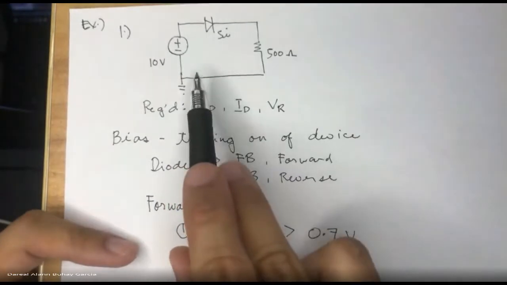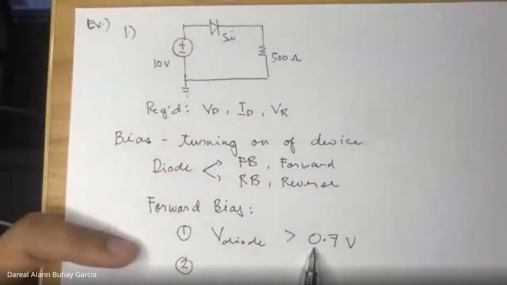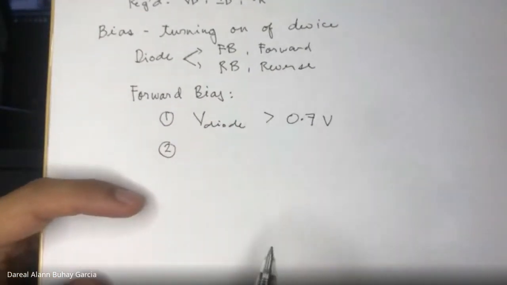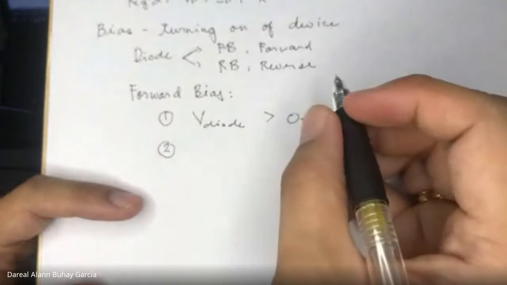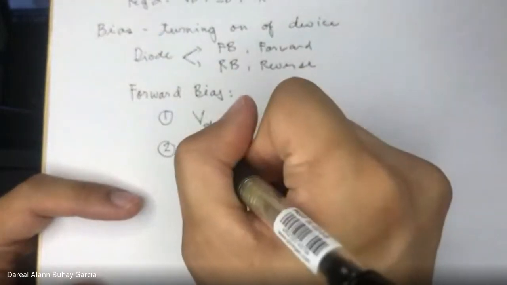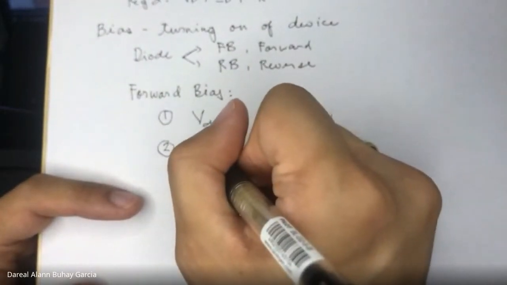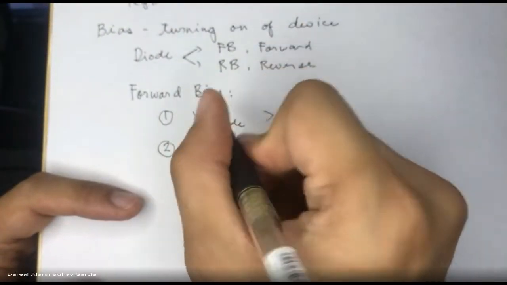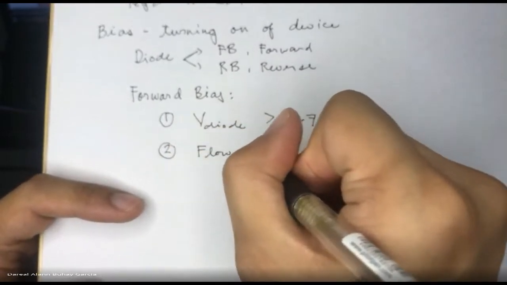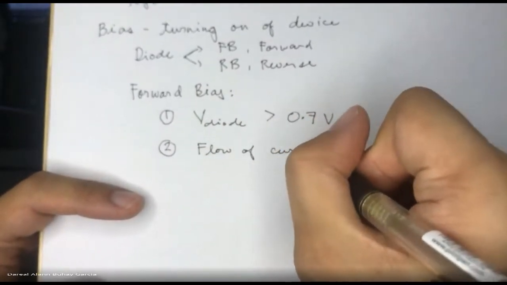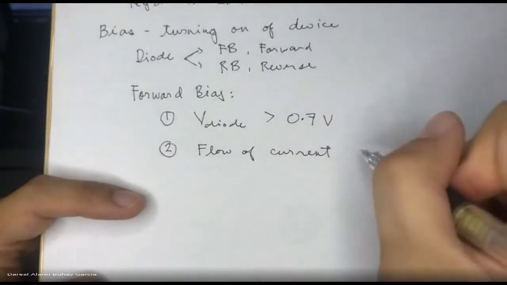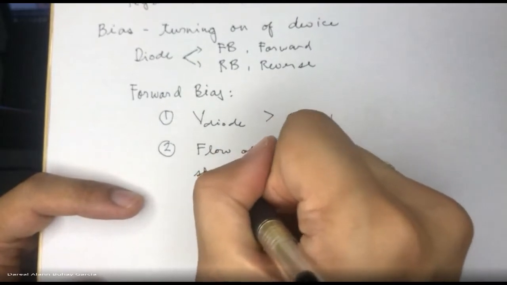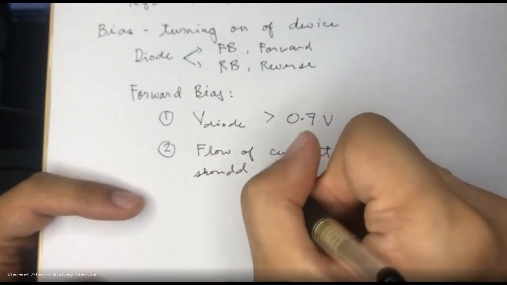If the voltage source of the whole circuit is greater than 0.7, you don't worry about the first condition. Second condition, the direction of the current. The flow of current should be the same.